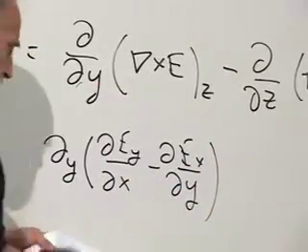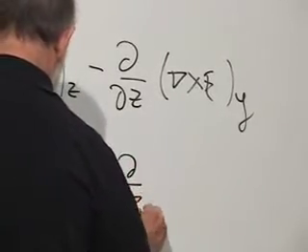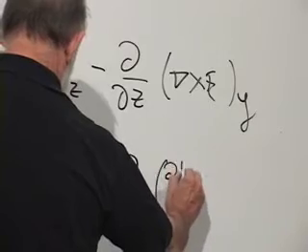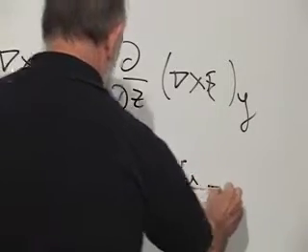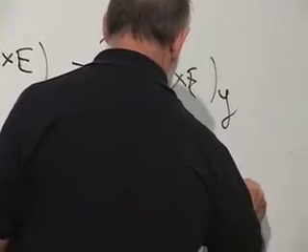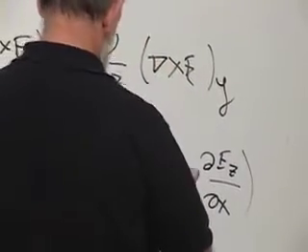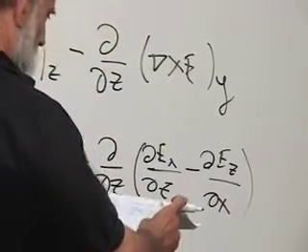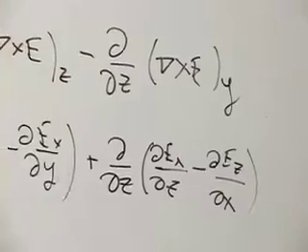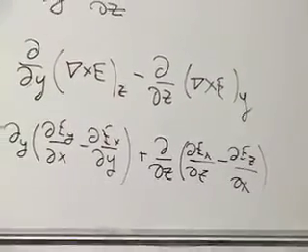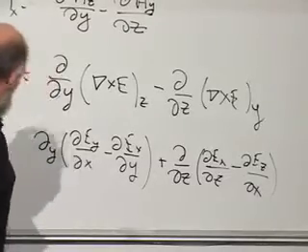And then there are two more: plus d by dz of dEX by dz minus dEZ by dx. I think that's it. Two terms. Okay, wake up now. The worst is over. Let's see what we have.